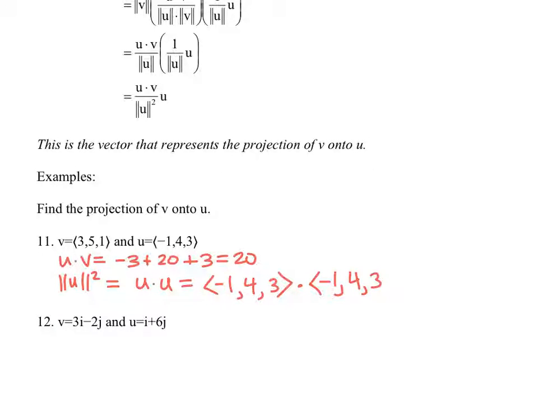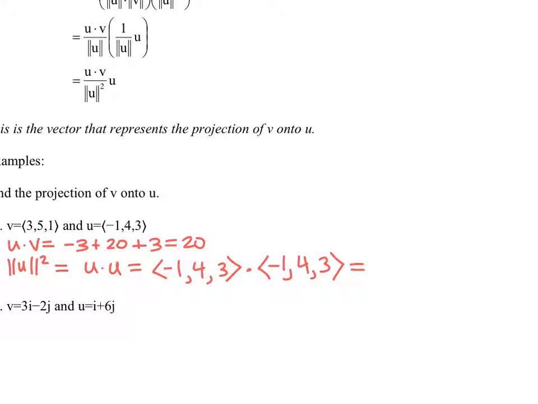And if there's one thing I like, it's not having to think. All right, so 1 plus 16 plus 9. So we're looking at 26. All right. So what we have is 20 over 26 multiplied by vector u.